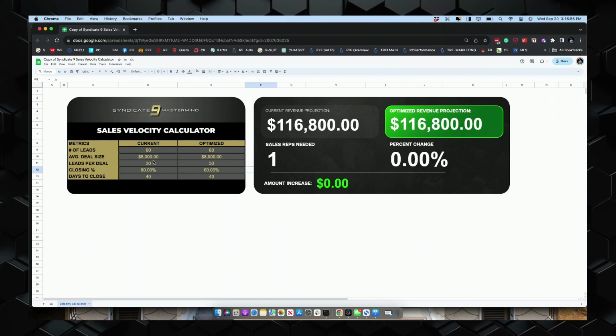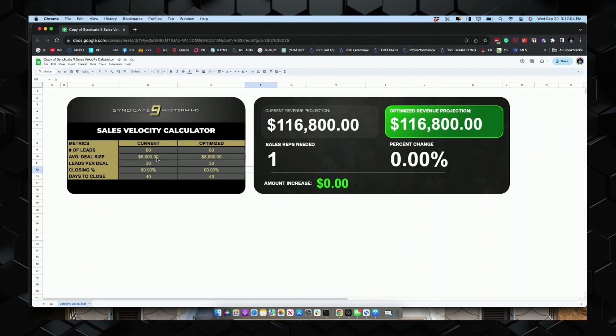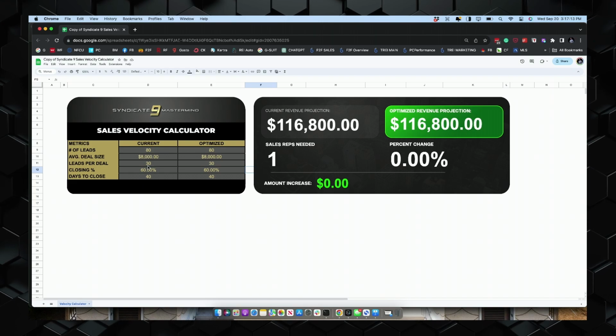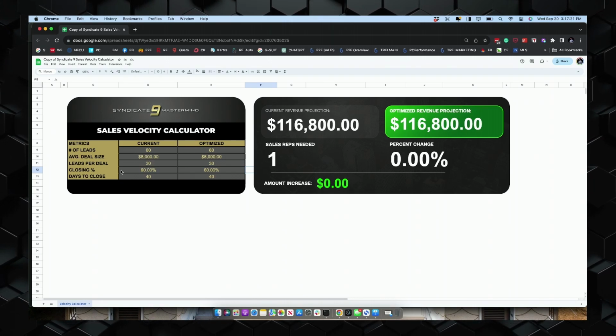And the amount of leads it takes to get a deal is about 30. When we talk to a group of new people and experienced people, 30 is about the average number that it takes to get an $8,000 contract.